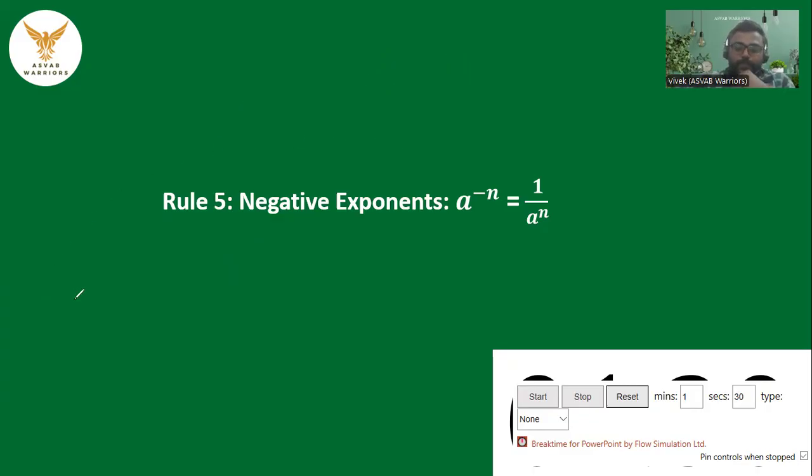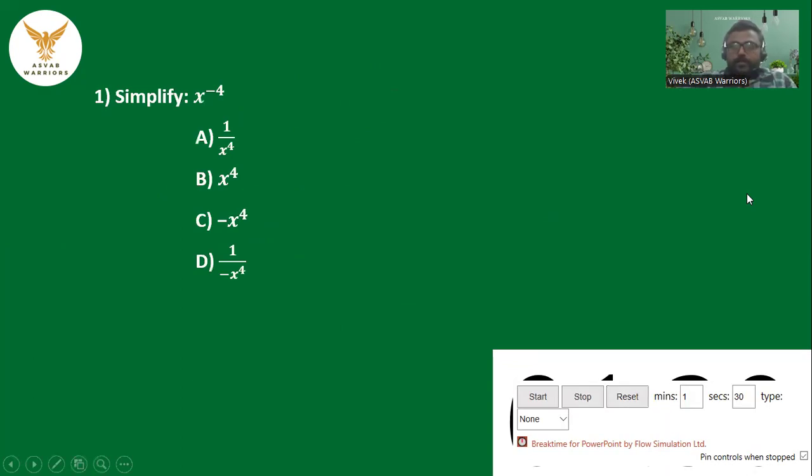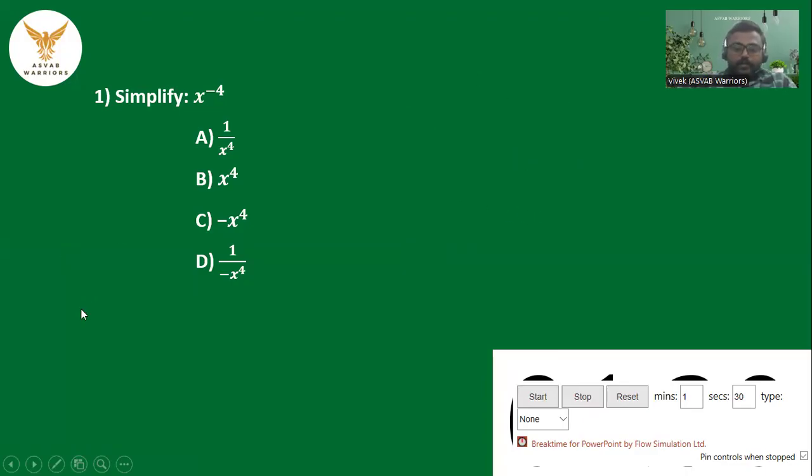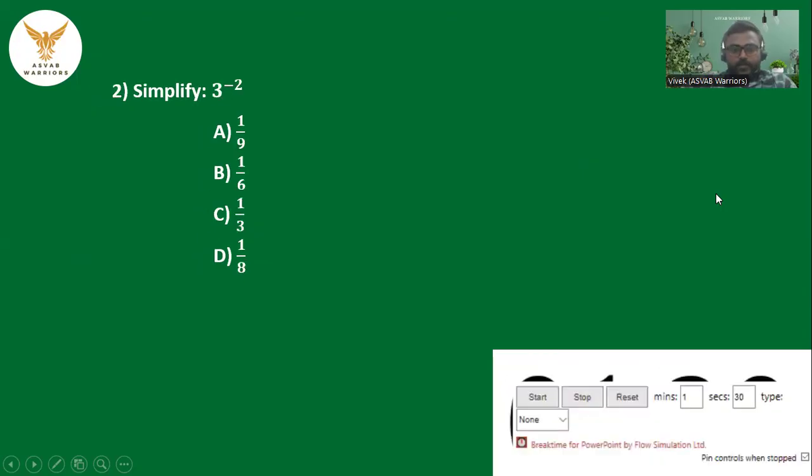Now let's try solving this. So here we go. X to the power minus 4 would be nothing but 1 over x to the power positive 4. Yep, Ablam, you got that right. Let's move on to the next one.